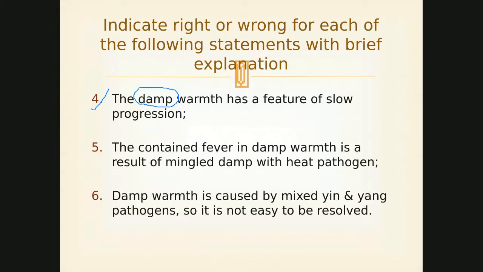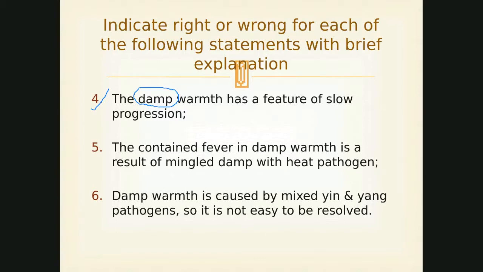Heat would have a fast flow and fast transmission, going ahead very quickly, but damp says slow down and stay with me, or carry me with you. That's why it slows down all the transmissions. Damp is also very easy to block qi activity and can further generate more damp, becoming a vicious circle and affecting the normal functions of all the organs.